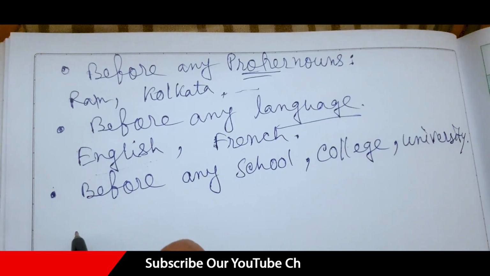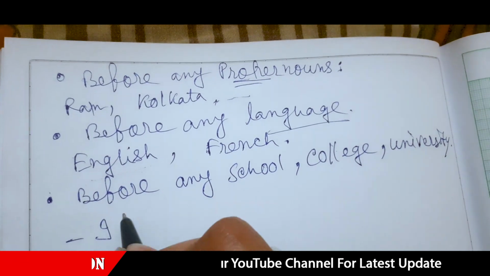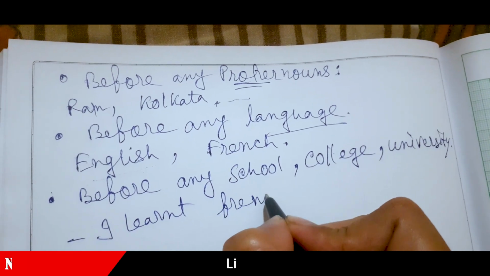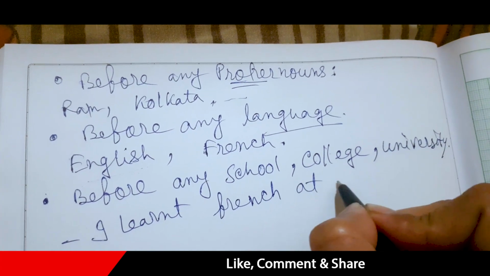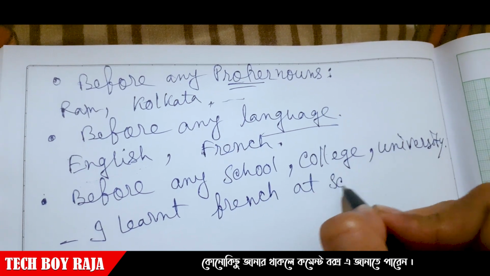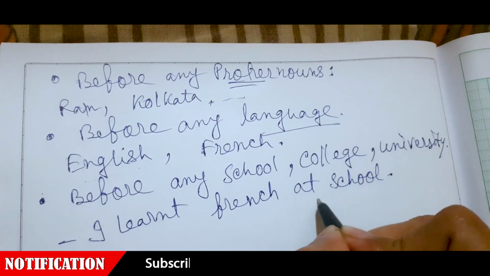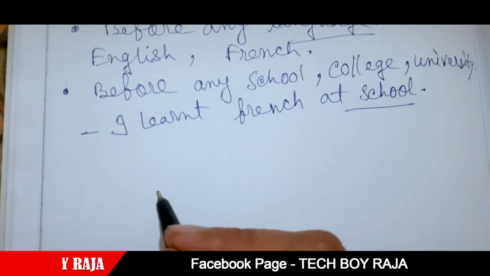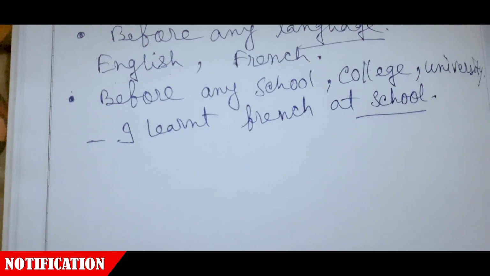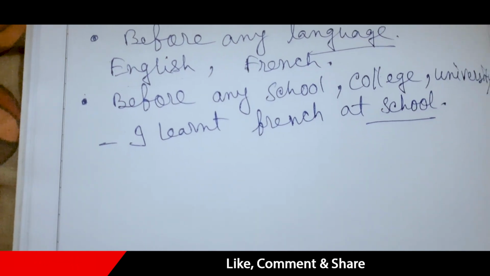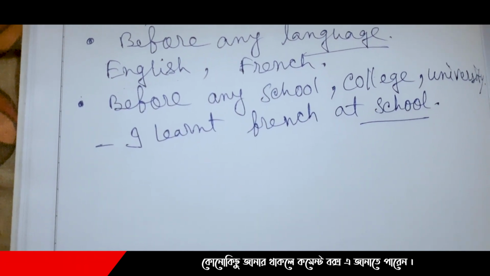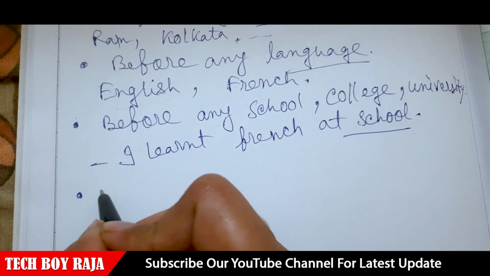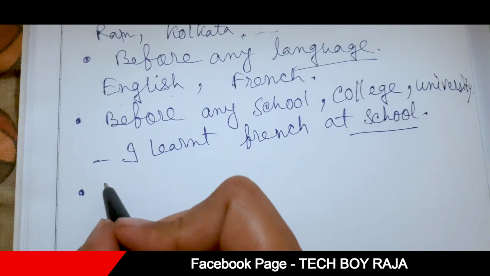Like one more example: I learned French at school. Just for the primary purpose, means at school I have learned, not at the school. Okay, then before any relations like father, mother, articles are also not used.